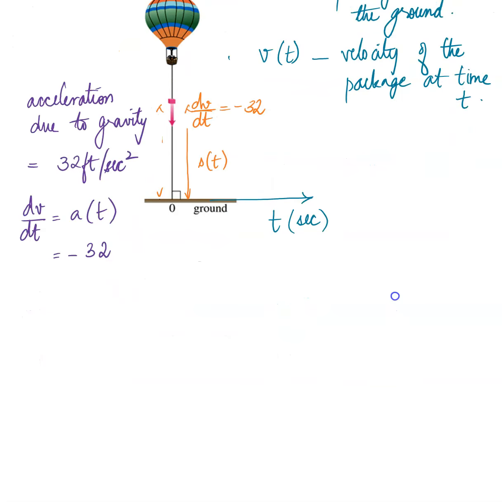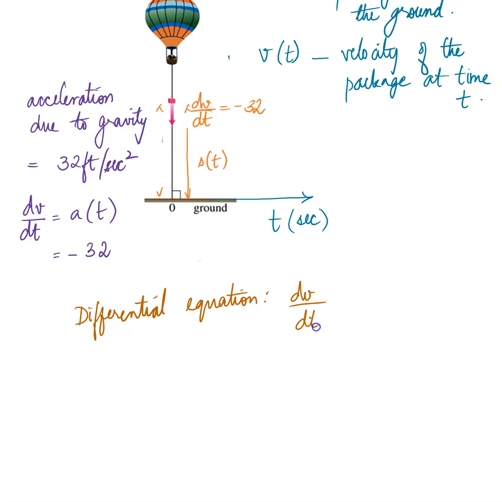And so I want to come down here and put together all that I have. So first, we need these two things, right? Differential equation and the initial value. So the differential equation is this dv over dt, which is negative 32, and the initial condition is the velocity when the package was dropped at time 0.